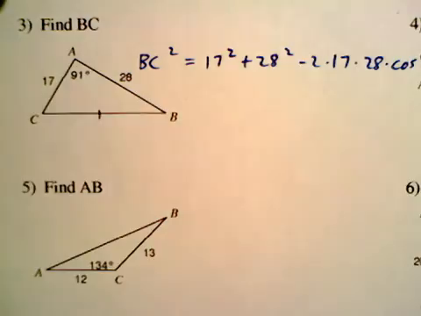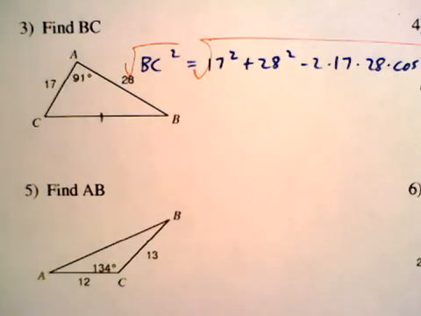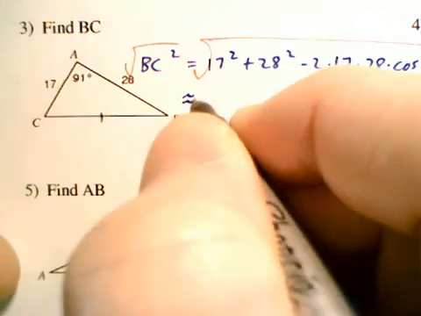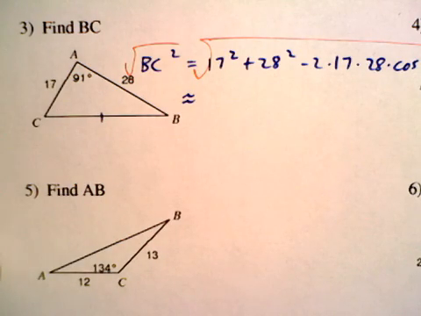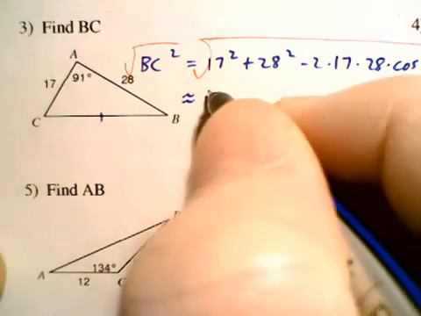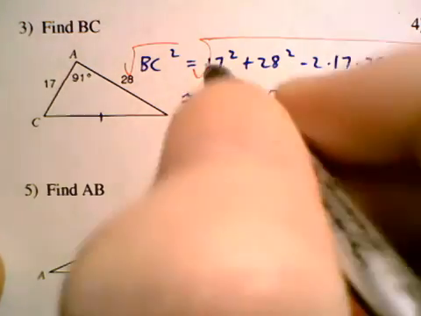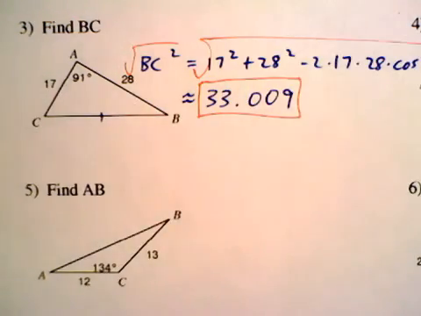And then when I plug that in, and I take the square root of both sides, we get the square root of 17 squared plus 28 squared minus 2 times 17 times 28 times the cosine of 91, and that is 33.009. I know you got that right.